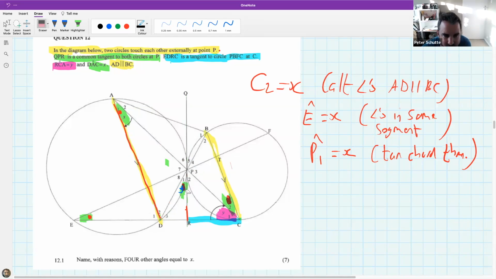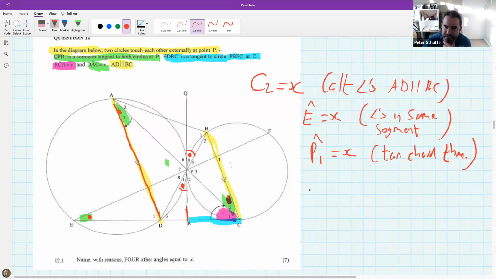Let me just get rid of all this nonsense for a second. Couldn't we say, where's P1? P1 is here. We've said that's X. Isn't this vertically opposite? I don't know if I'm making it very clear, but I'll try and point it out here. This angle over here is equal to that angle over there.